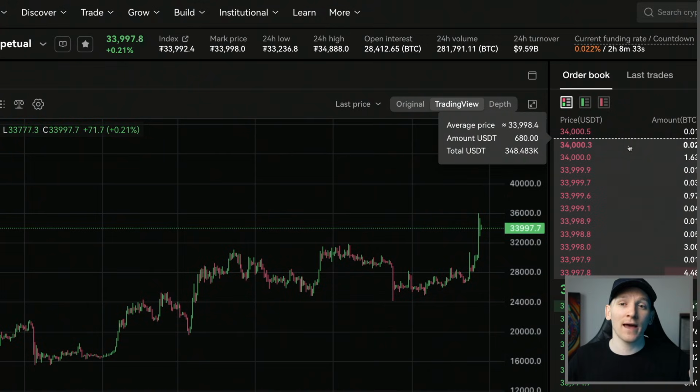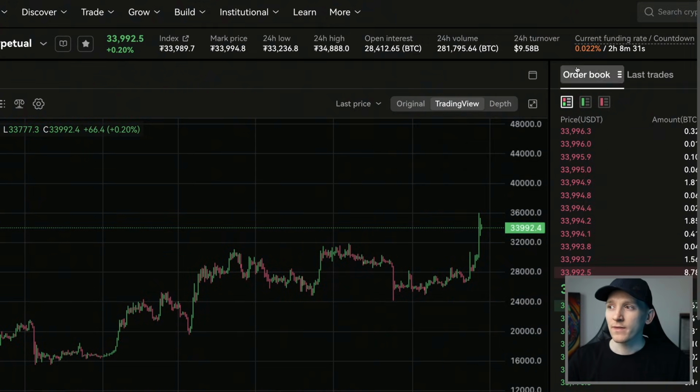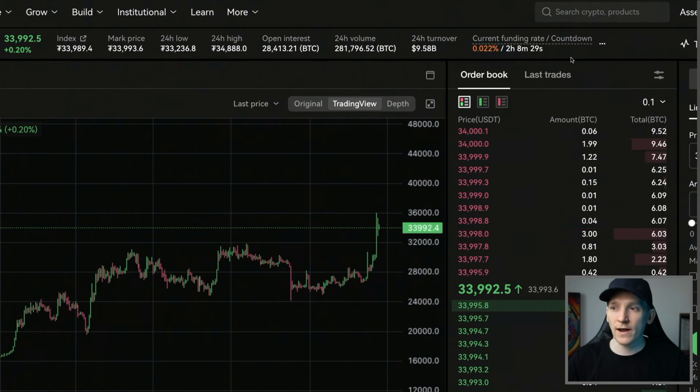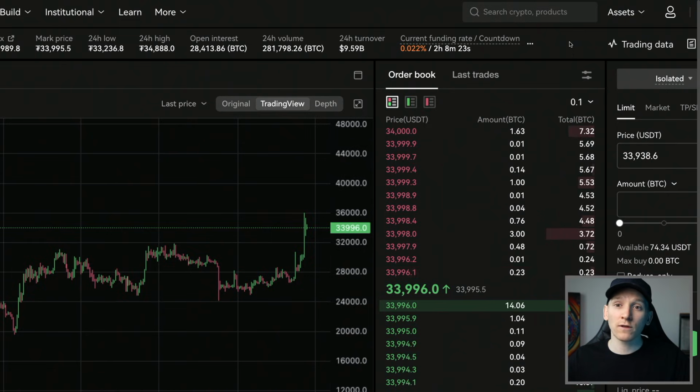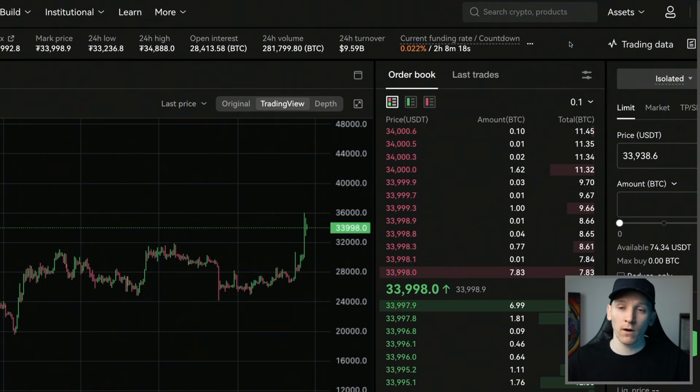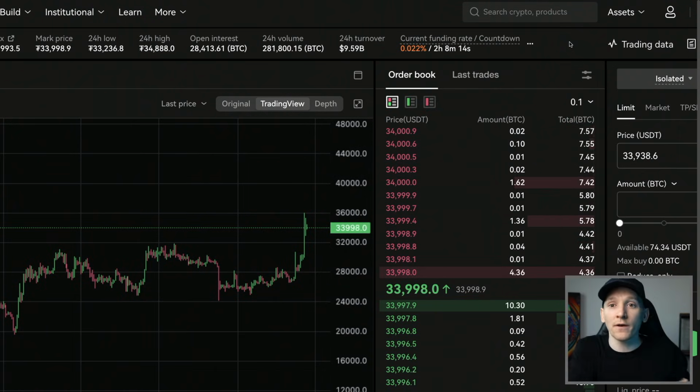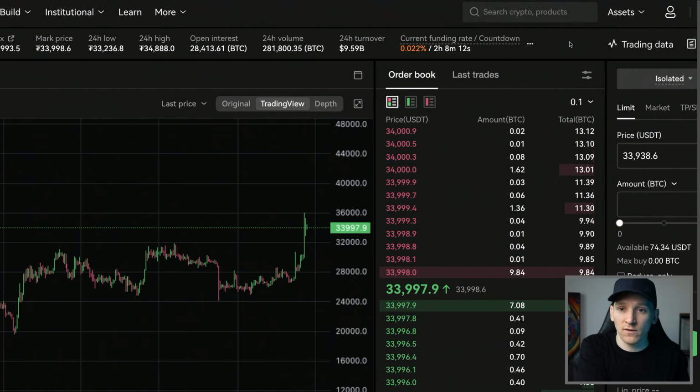Funding rates are also something to keep an eye on. When you enter a crypto futures trade, there is something called the funding rate. Now, this occurs because the crypto futures contract is not the spot trading price for actual cryptocurrency. This is simply a contract based on the price of the underlying, which is Bitcoin against US dollar tether, right?